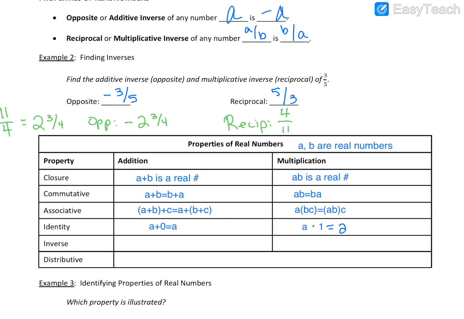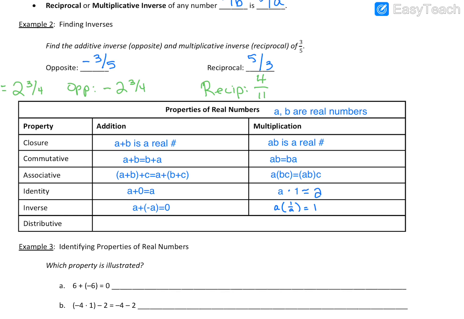The inverse is how you undo something to get back to the identity. So if you start with A, with adding, you would have to add the opposite of it. So you'd add negative A to get back to the identity of 0.